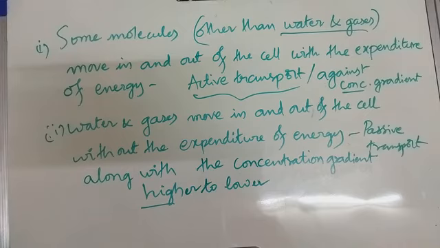Because of having more amount of lipids and proteins in its structure, plasma membrane is flexible. But how can we understand that plasma membrane is having more amount of lipids and proteins in its structure? We have to see the structure of plasma membrane, ultrastructure of the plasma membrane.